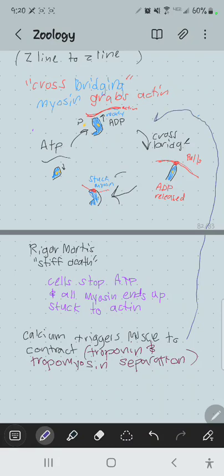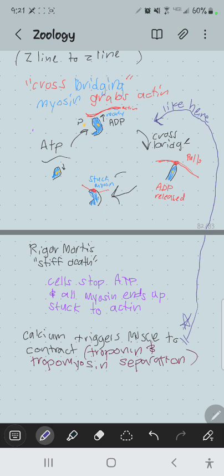And 2 o'clock would be tropomyosin separates from the actin. And what that does is it allows the myosin head to jump across. Okay? So on the exam, I'll probably have a sequence of events asking you to start at maybe any given point. But probably the logical starting point would be calcium is released, separating tropomyosin from actin. What happens next? Right? Boom.